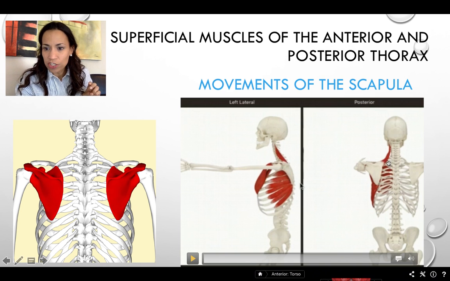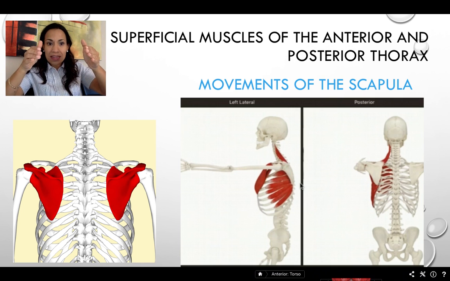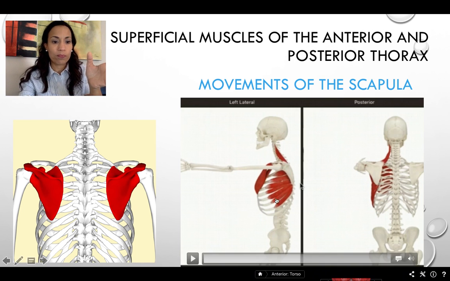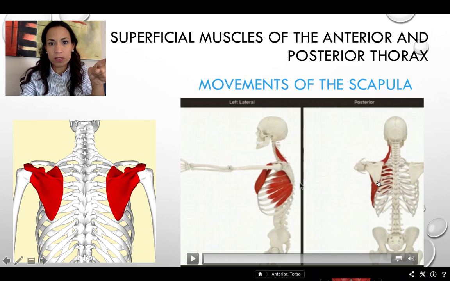Pay attention that during protraction both scapulas separate, so we call that movement abduction of the scapula as well. So protraction and abduction of the scapula are synonyms.